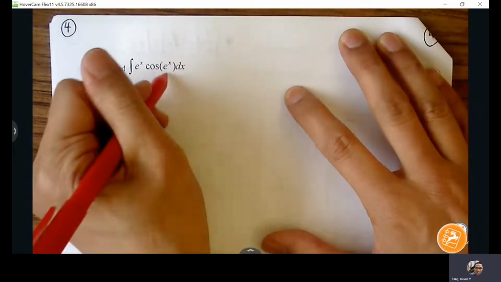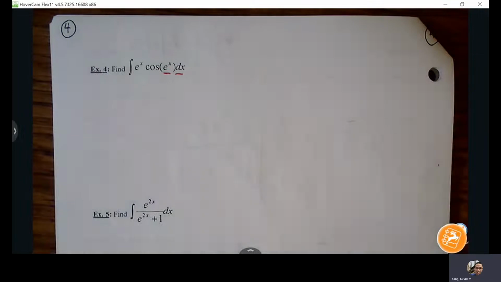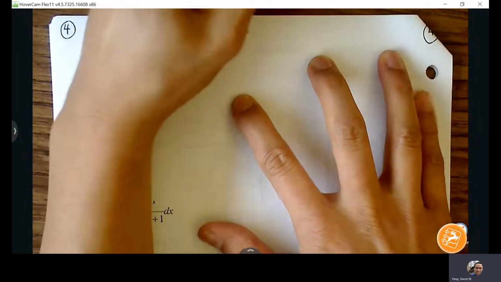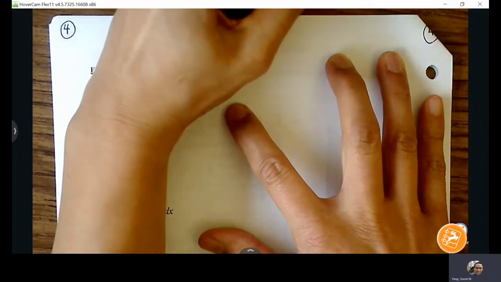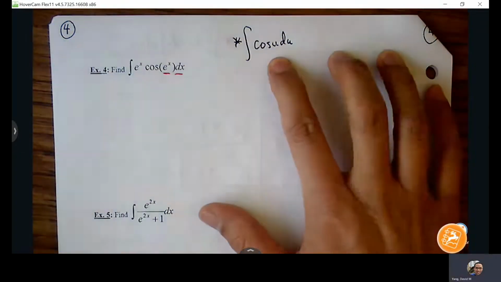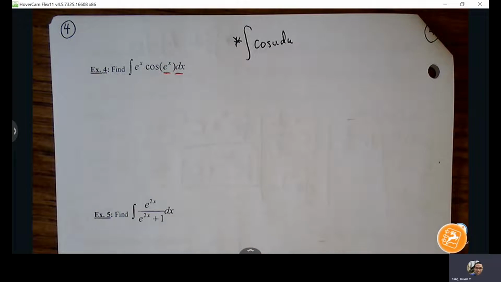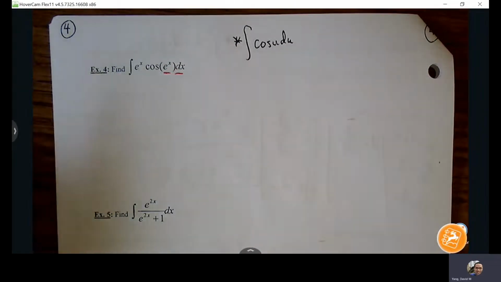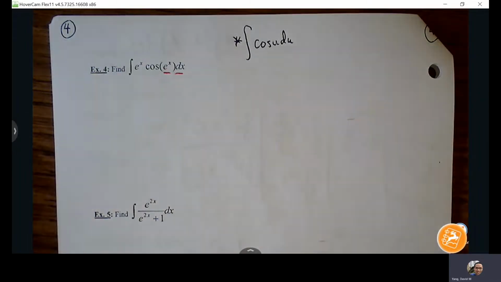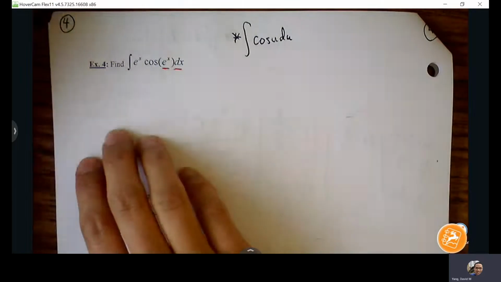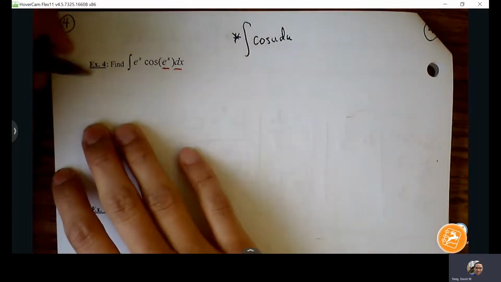If you can look ahead to what this problem could be, maybe we can target this rule here. We have a rule for cosine u du, and it looks like we're able to work towards that end. It is a bit of trial and error with u-substitution, but the earlier you can visualize what the problem could look like at the end, the easier it is to pick out the u value and look ahead to see what will work or what won't work.